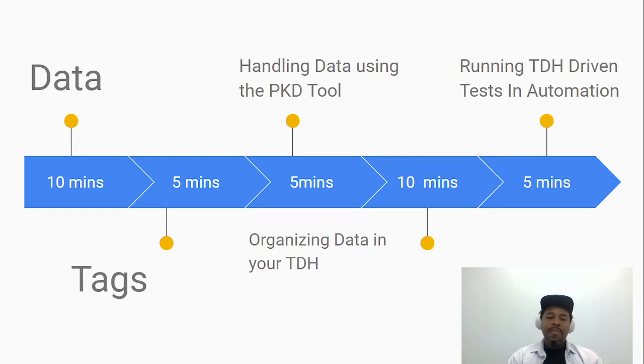If you've watched the previous video where we covered the PKD tool, then we're going to go into how we handle data. Next, we're going to get into organizing data in your TDH. I'll explain what a TDH is when we get to that. And then we're going to spend the last few minutes talking about running TDH-driven tests in automation. So once again, if you don't know what a TDH is yet, just be patient. We'll get to that shortly.